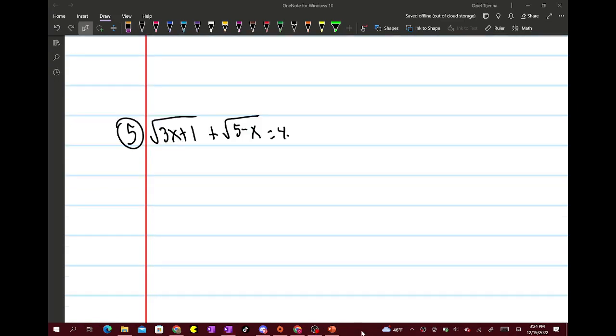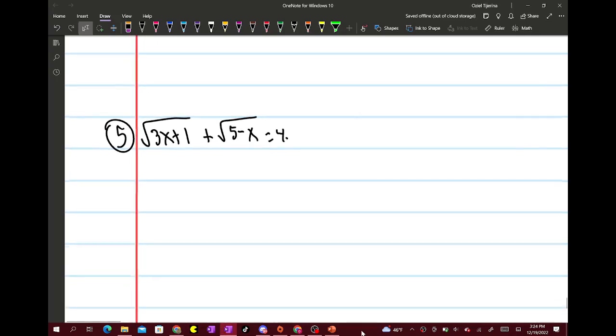Okay, so now we have this one, right? So this is where it gets difficult. So I'm gonna go a little slowly. So the goal is to get x by itself and solve for x, right? Now, here's what I'm gonna do.